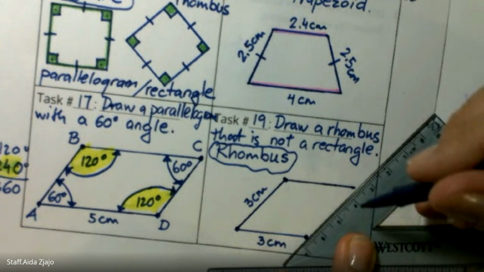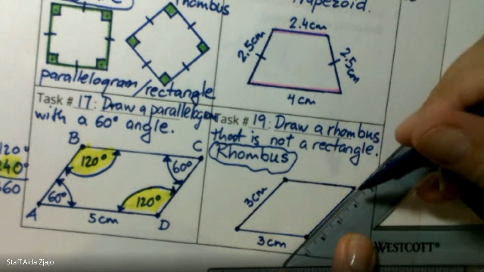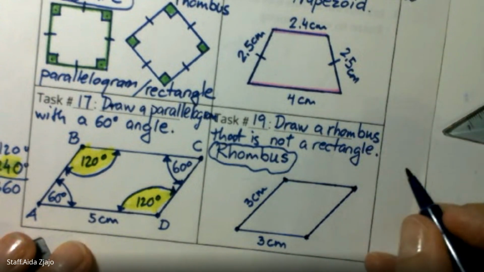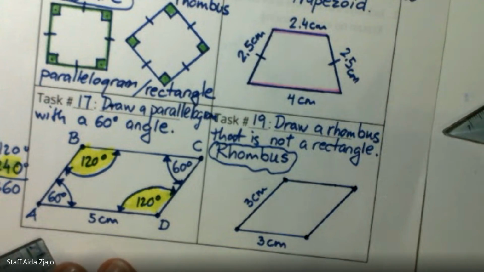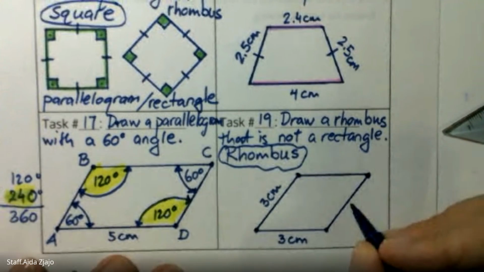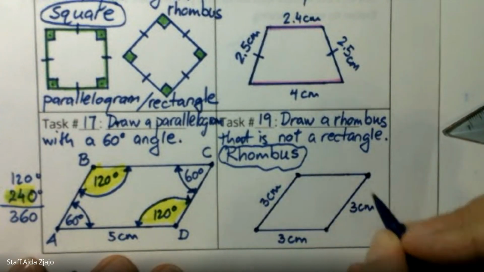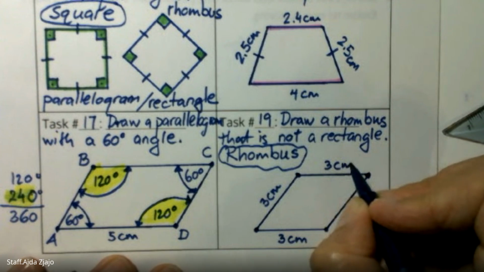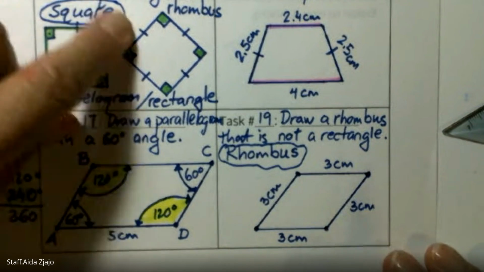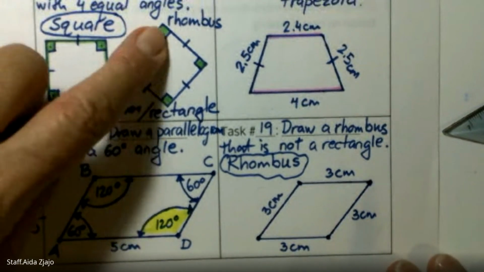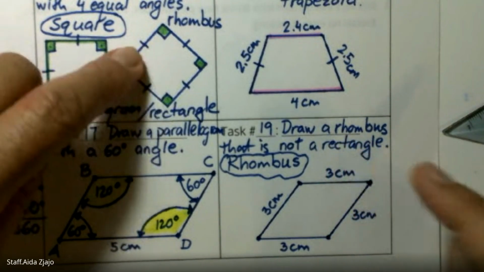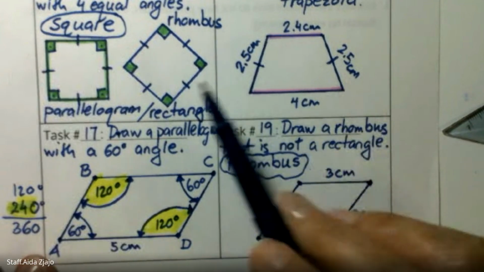They will connect, and that is a rhombus with no right angle. So it will be 3 centimeters, 3 centimeters. But if the angles are right angles, a rhombus with right angles is called a square.